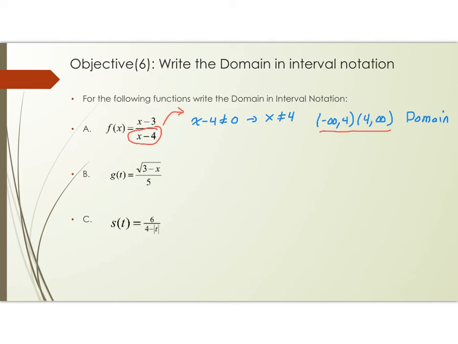For problem G, the restriction for the domain is in the numerator. We can't have imaginary numbers in the real world. So we will have a restriction when 3 minus x has got to be greater than 0.